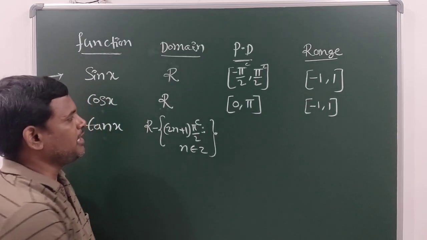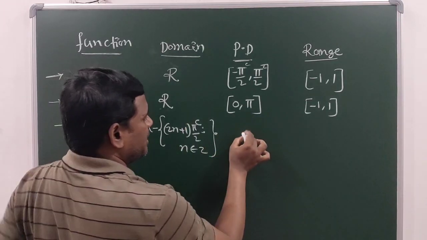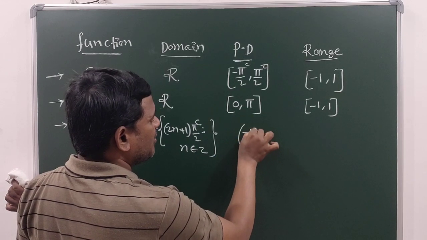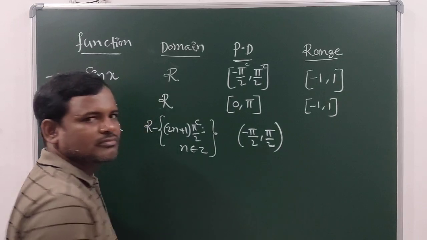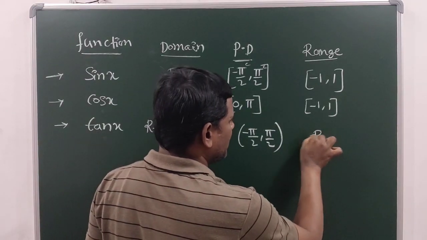Its principal domain is the open interval minus 90 to 90, and the range is the set of real numbers.